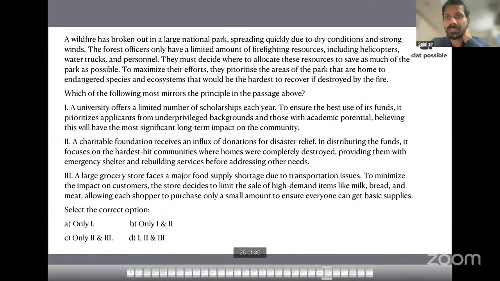To maximize their efforts, they prioritize the areas of the park that are home to endangered species and ecosystems. So this seems to be an important point here. It says to maximize their efforts, they prioritize the areas of the park that are home to endangered species and ecosystems. So, what's the principle here, right?